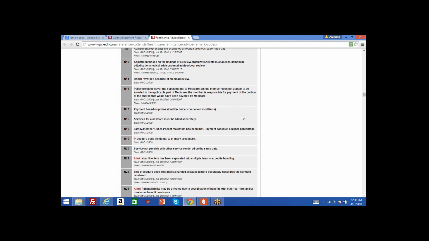So let's say the CARC, the message code, is 16 and the claim is missing the HIPAA or the procedure code, they can say 16 plus they need to provide, for example, missing or incomplete or invalid HIPAA code.